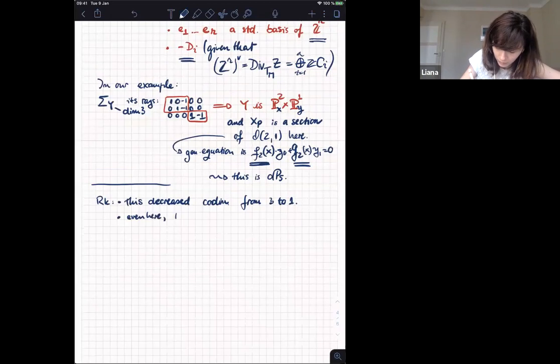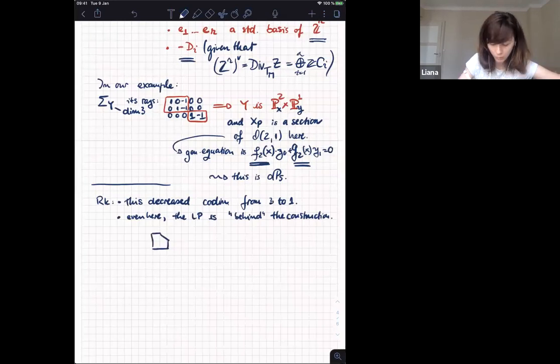So even here, the Laurent polynomial is somehow behind the construction. Because the pieces in which you decompose this polytope, you decompose it into this plus this. Please don't take this as a Minkowski sum. This is not a Minkowski sum. It's just a convex hull.